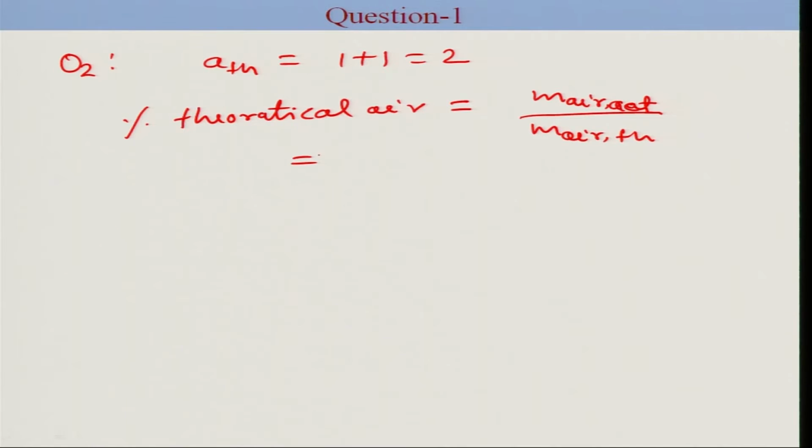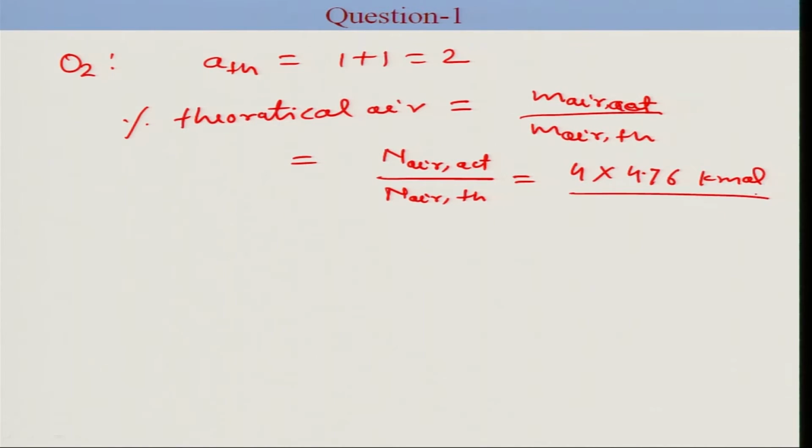This is equal to actual moles of air divided by theoretical moles that we have used in the complete combustion. So 4 into, now we know actual moles of air, which are 4 into 4.76 kilomole, divided by 2 times 4.76 kilomole.